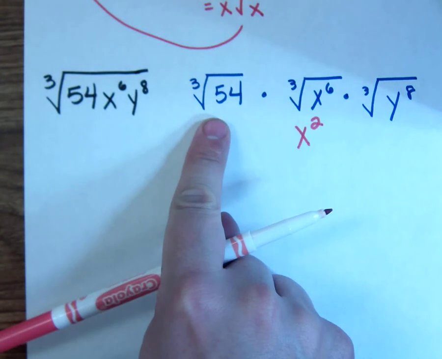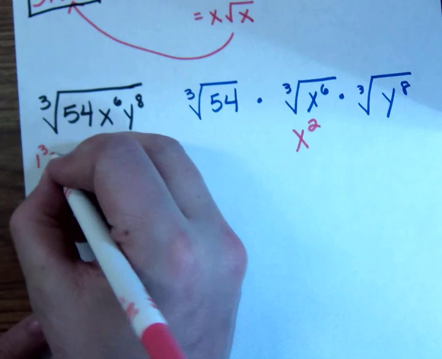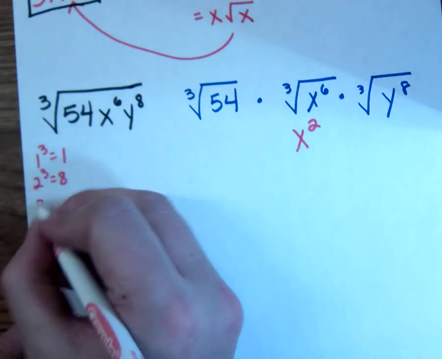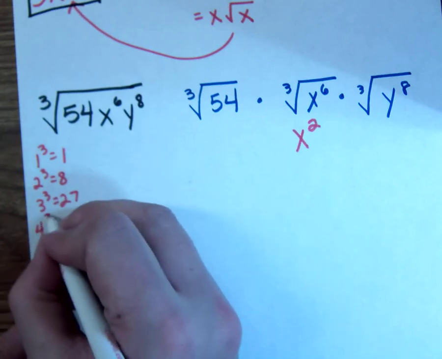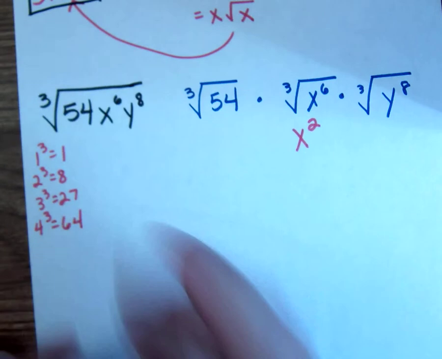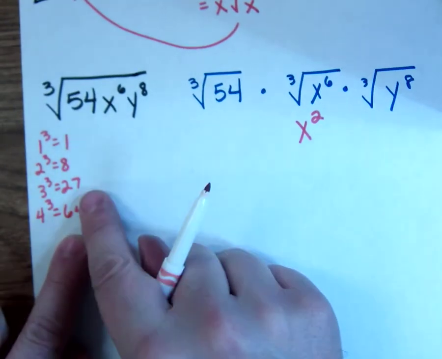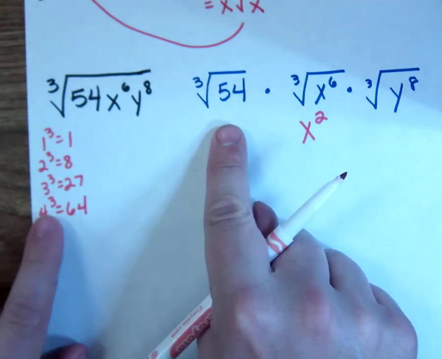What's the largest perfect cube that 54 can be divided by? Well, 1 cubed is 1, 2 cubed is 8, 3 cubed is 27, 4 cubed is 64. I know it can't be 4 cubed because that's bigger than the actual number. So 1, 8, 27, what's the biggest one of those 54 can be divided by? 27.